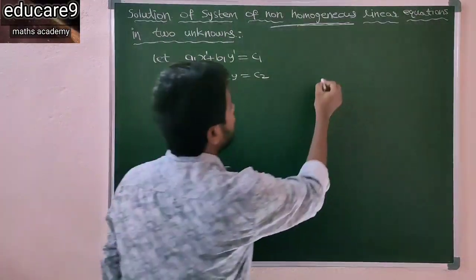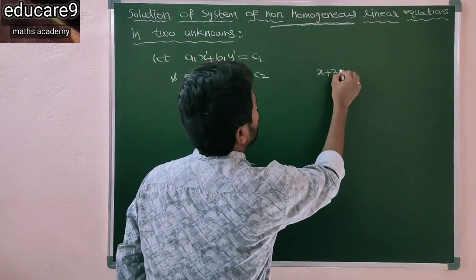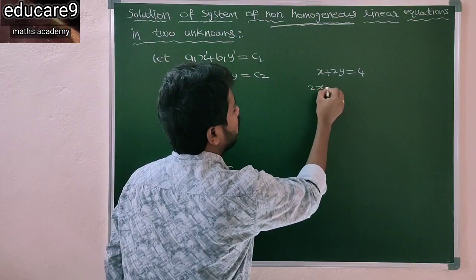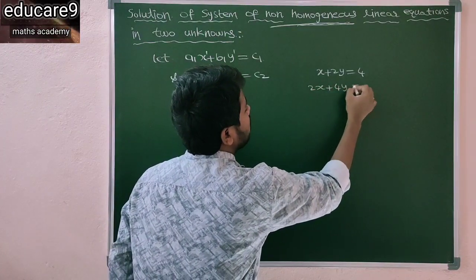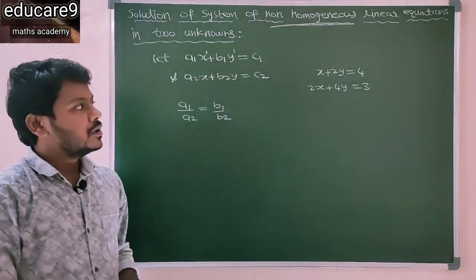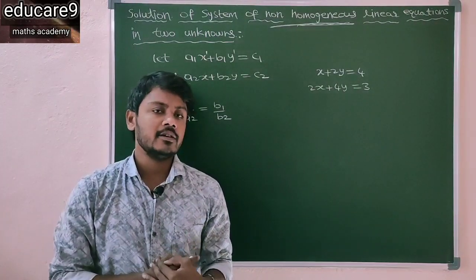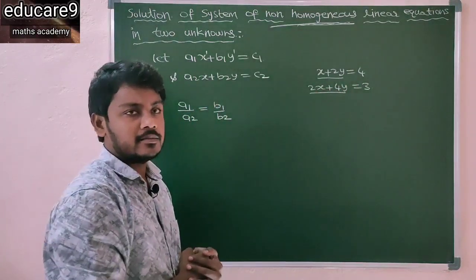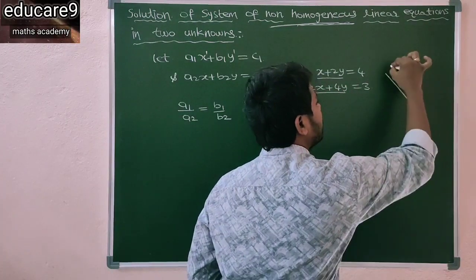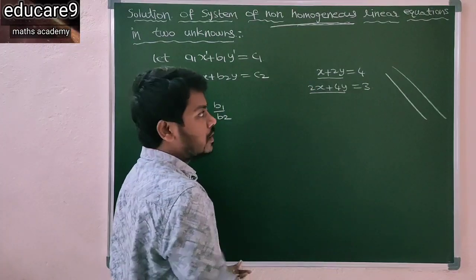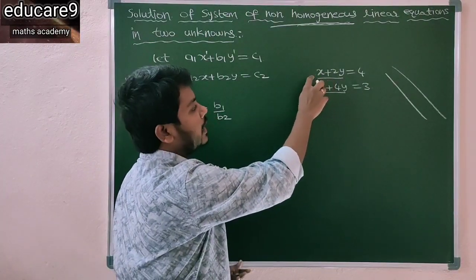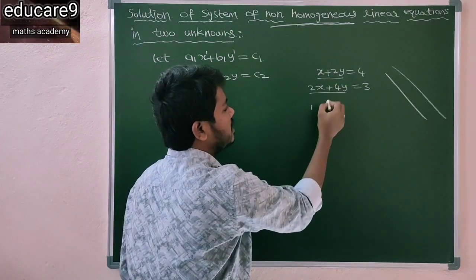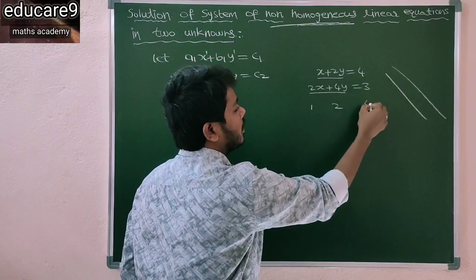For example, x plus 2y is equal to 4 and 2x plus 4y is equal to 3. These are any two equations. Clearly here the two lines are parallel lines. What is a1? a1 is the coefficient of x, that is 1, b1 is 2, c1 is 4.